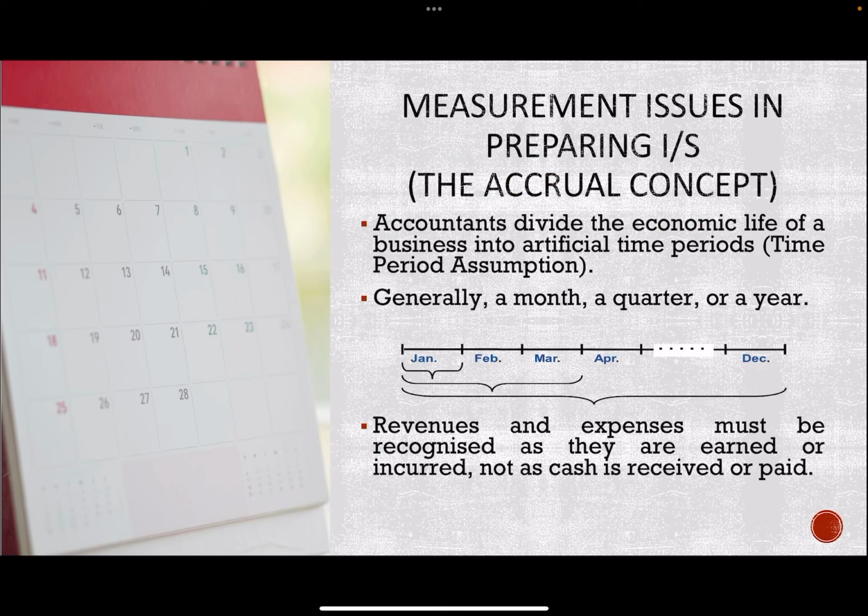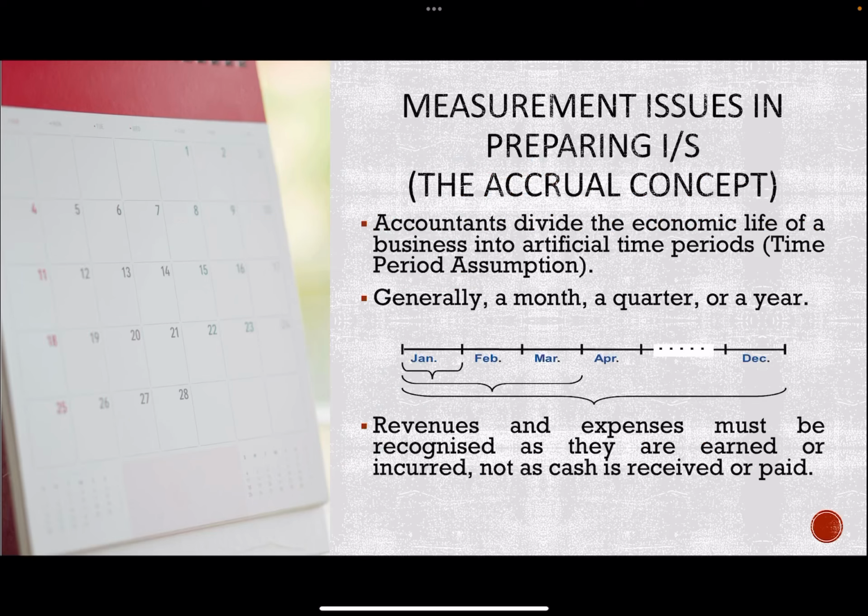So when I sell the food to the people, that's the time you open your books and recognize that you have a revenue earned. When the monthly salary has to be paid to the employee, that's the time you have to record the expense. When expenses are incurred, that's the time you have to recognize expenses.